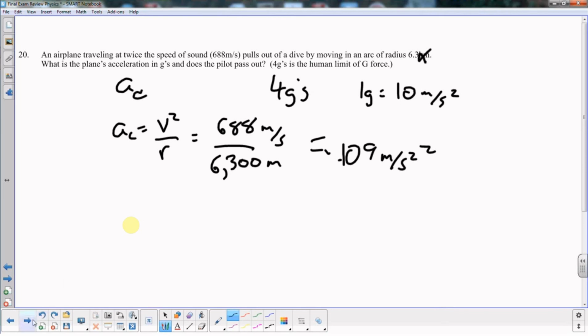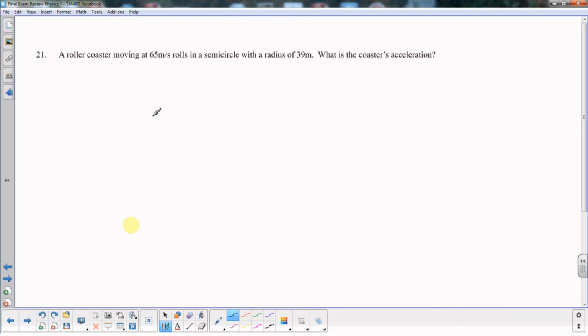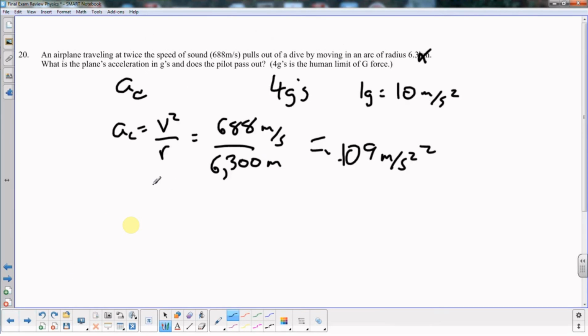Roller coaster moves. This is going to be a little tighter here. 65. We're looking at the acceleration again. So, oh, v squared. That's why that was so low. I should have squared that, which means this is all incorrect. So, you gotta square that. That's why that's really low.